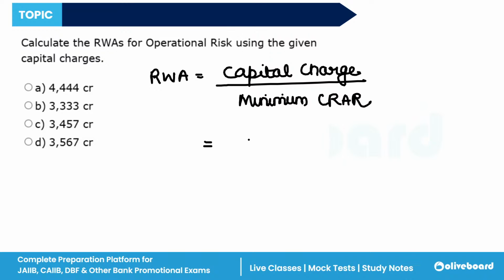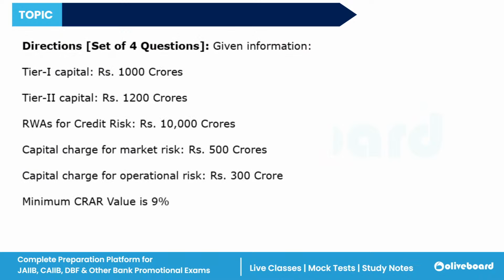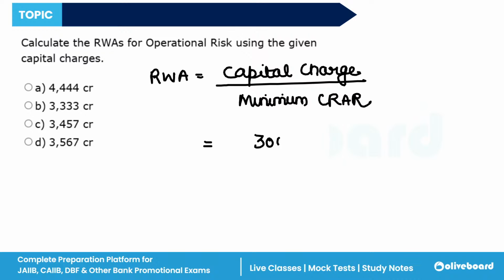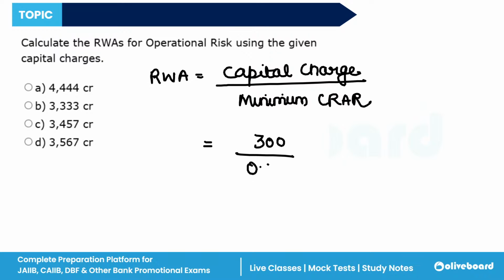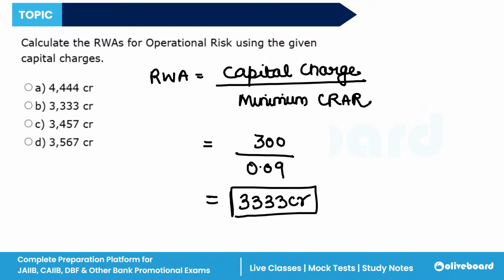So it is capital charges 300 crore and minimum CRAR is 9%, so 0.09. That is equals to 3,333 crore. This is the answer here.